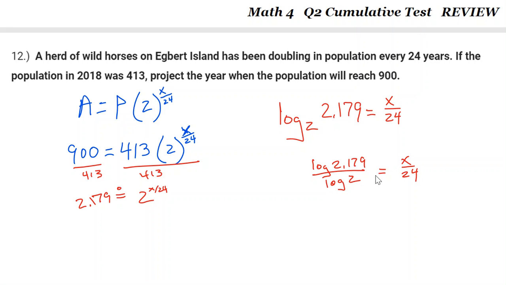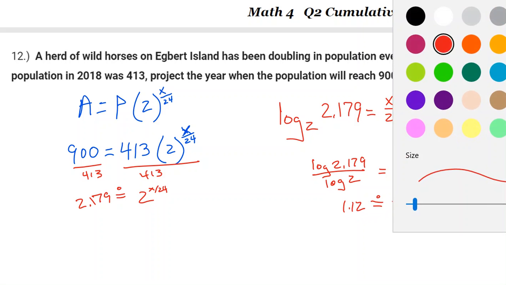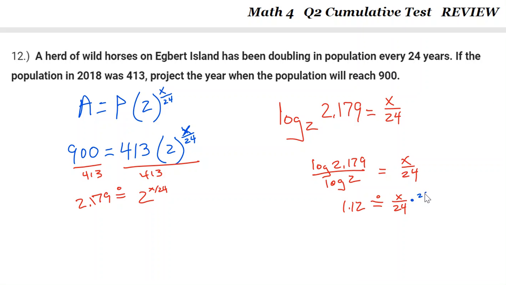And when we get a number there, we'll just multiply by 24. All right, so this log over log turns out to be 1.12 about. And then I'm going to multiply both sides by 24. And that's going to give me 26.97. You might as well say 27.